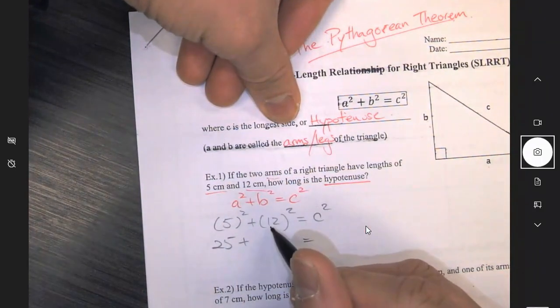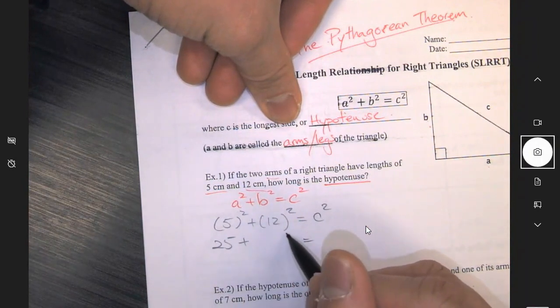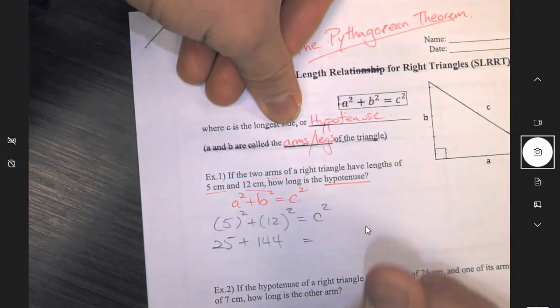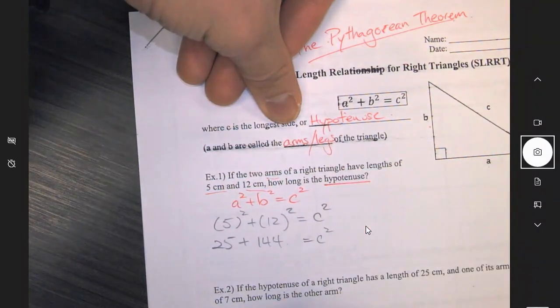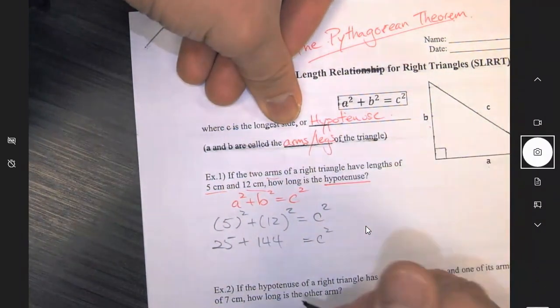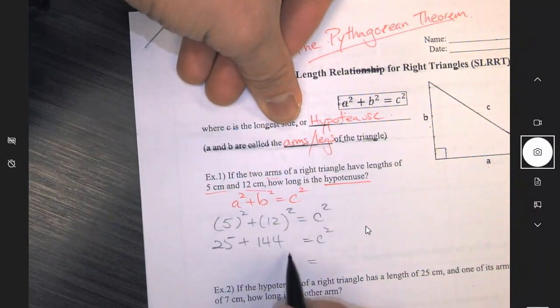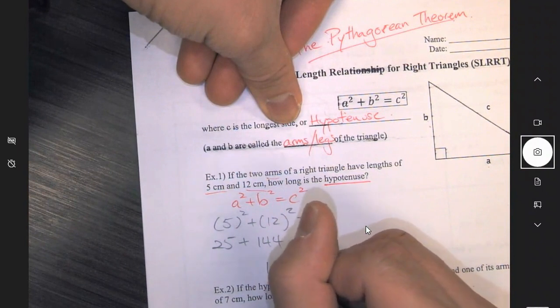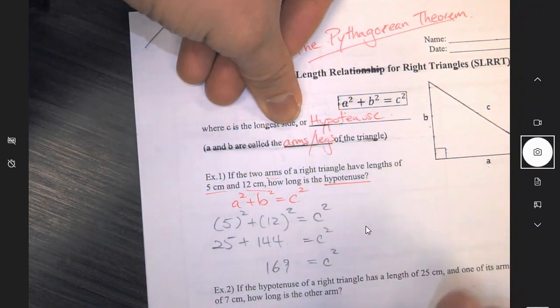Now 12 squared will be 144. So c squared, when you add these two together, is 169. 169 equals c squared.